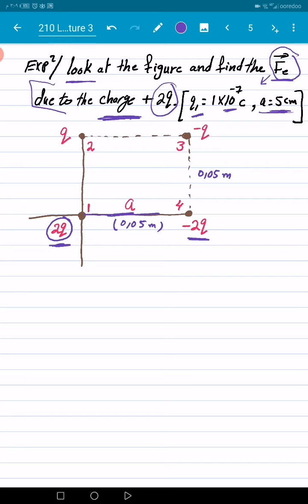That is F14 in this way, because this is positive and this is negative, so they attract each other. Then 2q as positive with q positive, positive with positive, so this one moves here. That is F12.